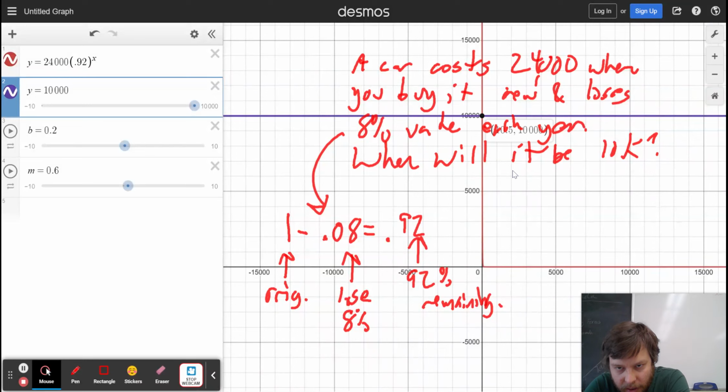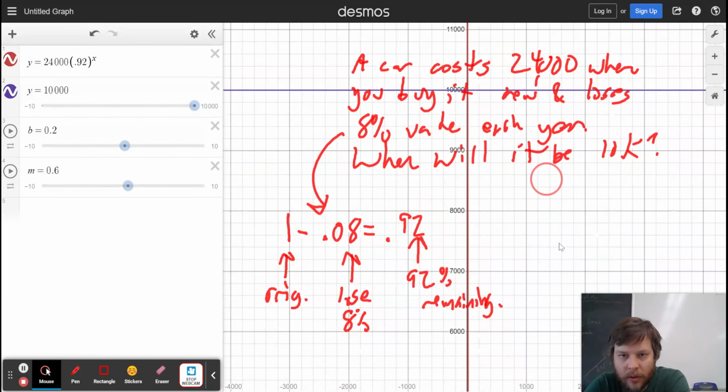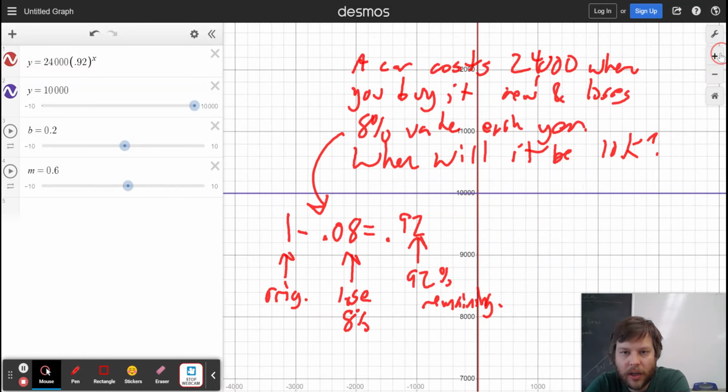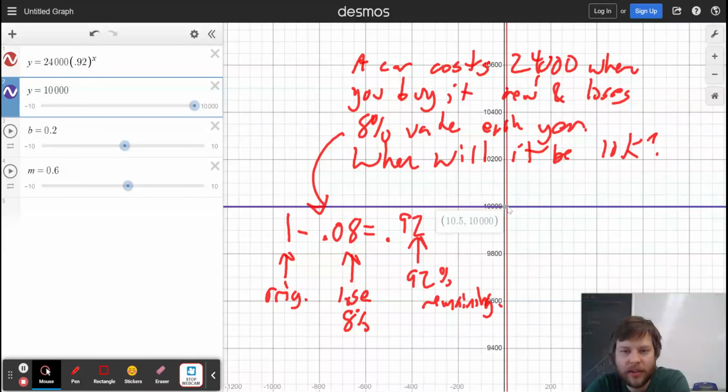And maybe I will zoom in a little bit more on it. Cool, so right there's the point of intersection. It looks like it's 10 and a half years, right on the dot. I think it's a little bit surprising that in 10 years after you buy something worth $24,000, it can drop down to such a small value.